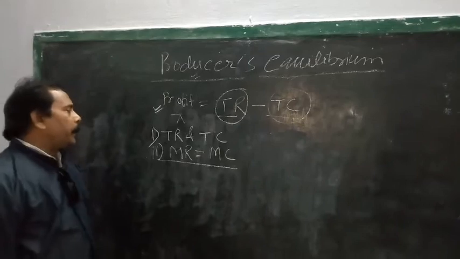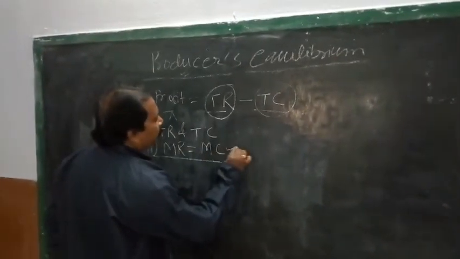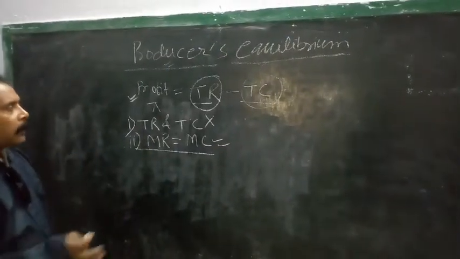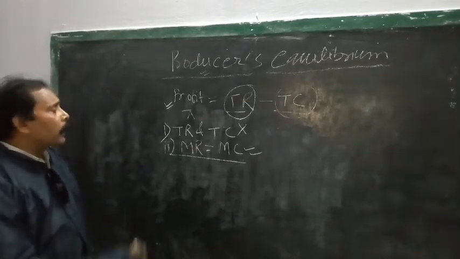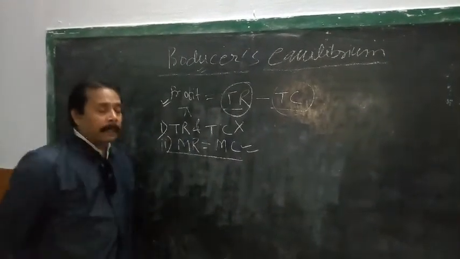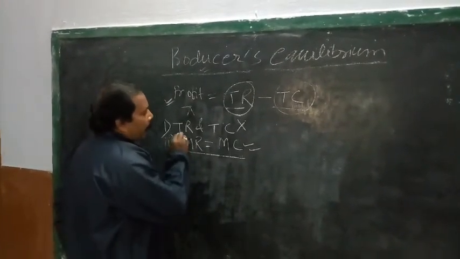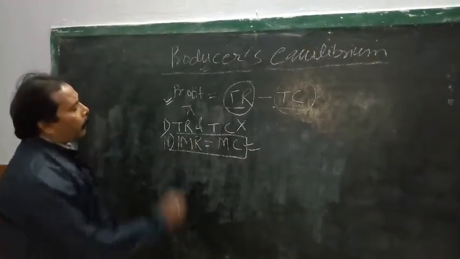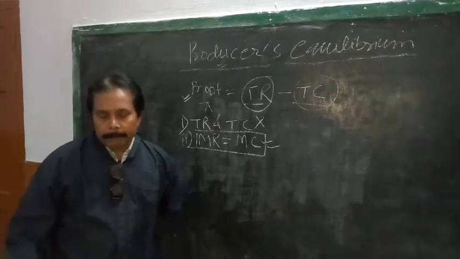In this topic today you will learn only the MR and MC approach, because the TR and TC approach has been removed from the syllabus. So now how can we determine the producer's equilibrium with the help of marginal revenue and marginal cost? Is it clear?